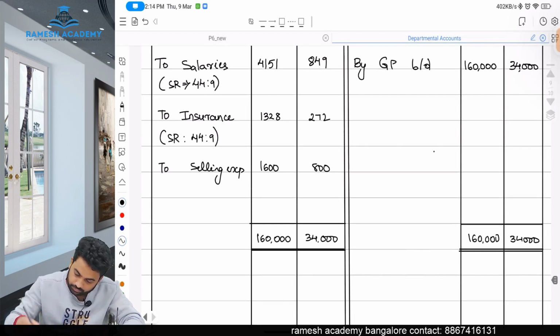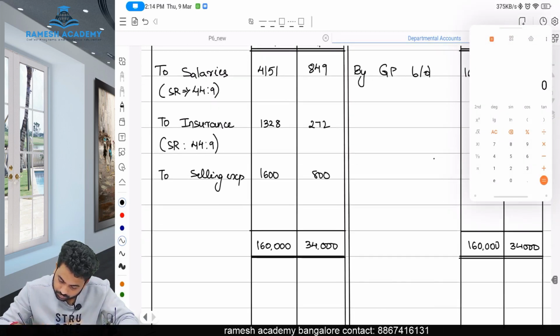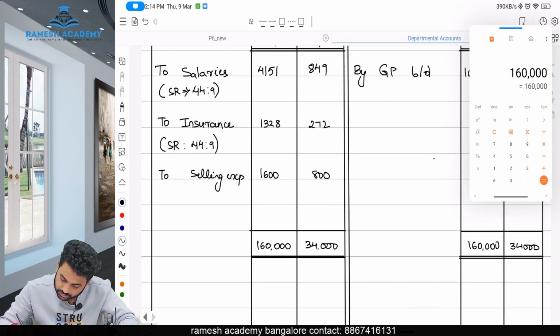So 160,000 minus 4151 minus 1328 minus 1600.